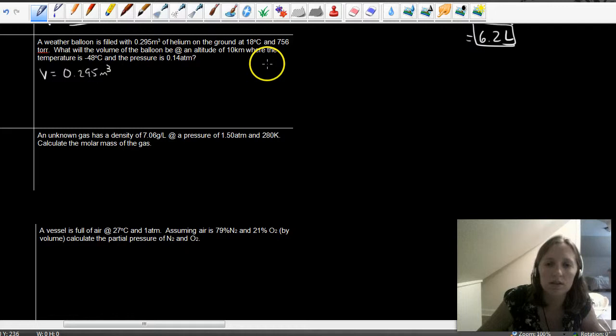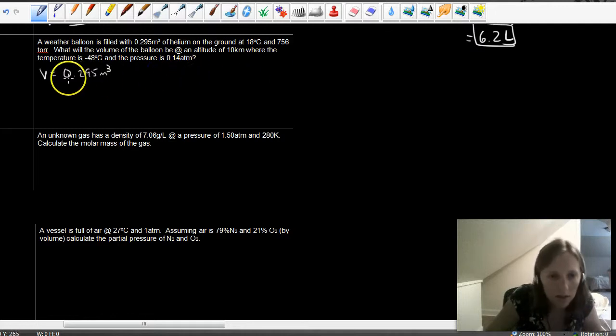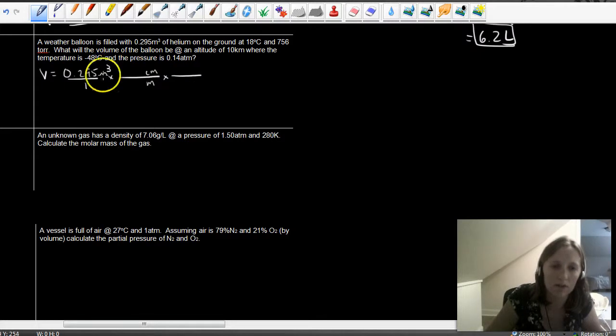Let's convert that. Meters cubed, and that's going to be meters to centimeters, because we've got to get to centimeters cubed, and centimeters cubed to mils. And since the meters is cubed, we have to cancel it thrice, and that will give us 3 centimeters, which will give us centimeters cubed.